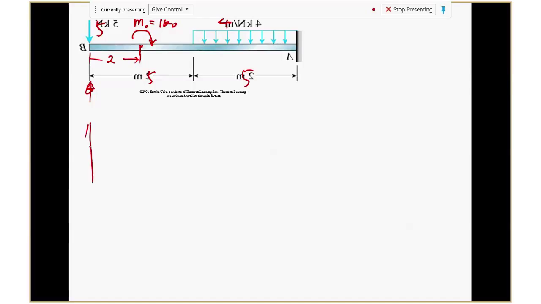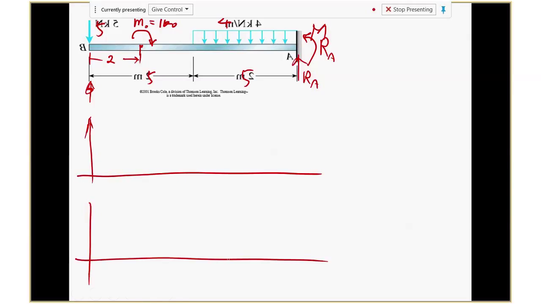Of course, a safe way is you can still find out what the RA is here, by the equation of equilibrium. You're going to have a moment here as well, so this will be M up. If we want to draw the VM diagram, we can start immediately. This is the V, this is the M.